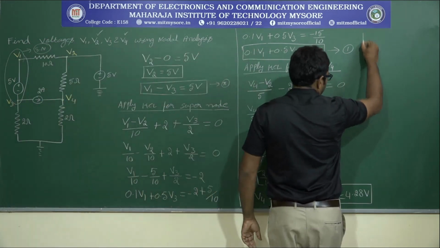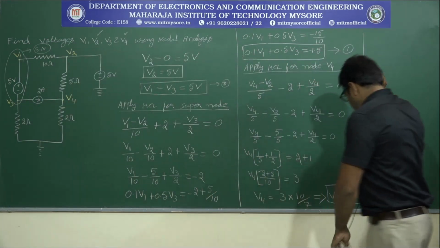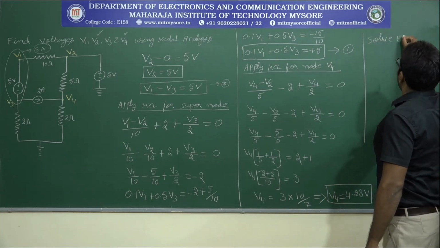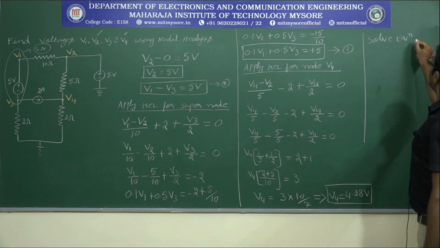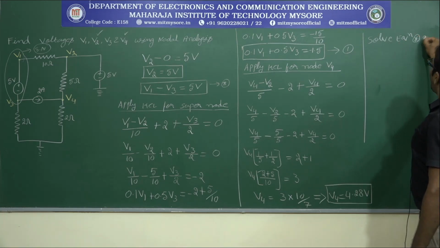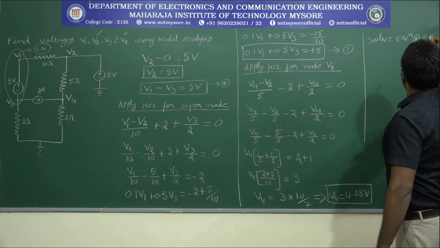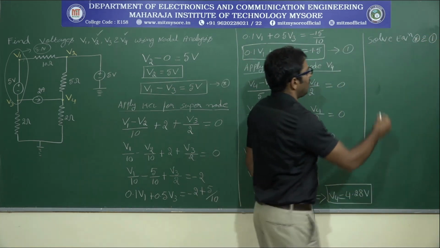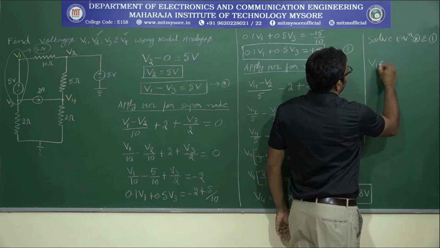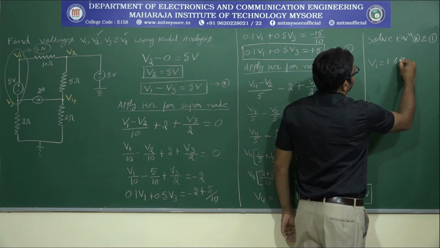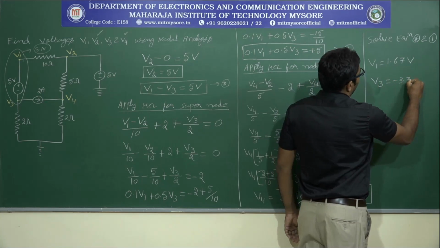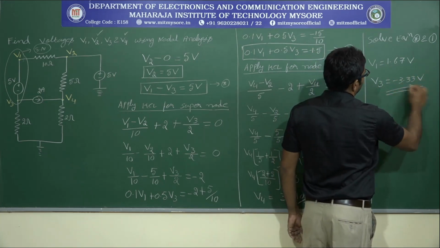So solve equation star and equation 1. You will get V1 as 1.67 volts and V3 as minus 3.33 volts.